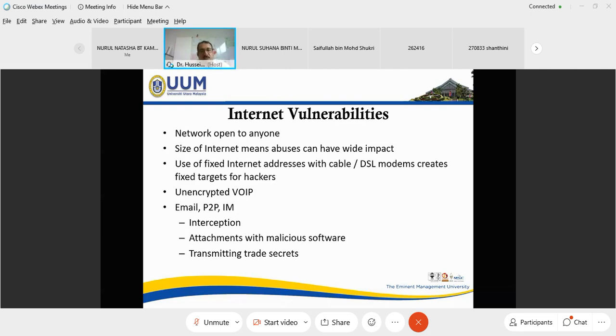Unencrypted VoIP, yes, VoIP. They don't use a VPN. So unencrypted messages could be hacked. Also peer-to-peer or instant messaging, and emails.